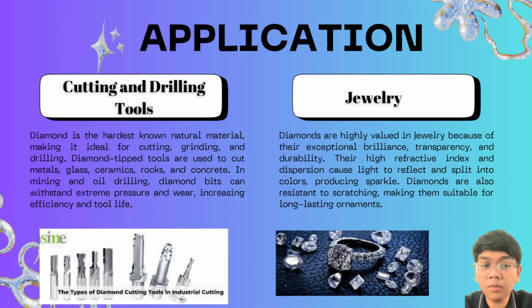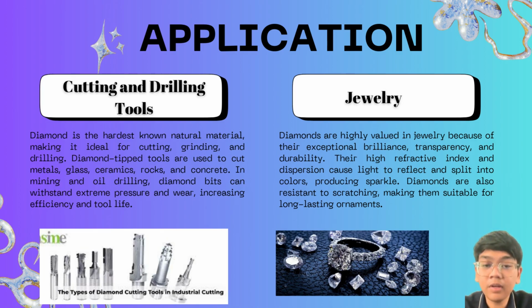Diamond-tipped tools are commonly used in mining, construction, and oil drilling because they can withstand extreme pressure and wear. This increases efficiency and also extends tool life, saving time and cost in industrial work.